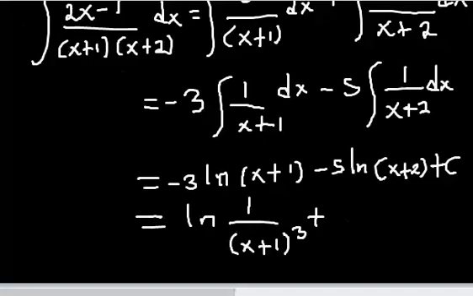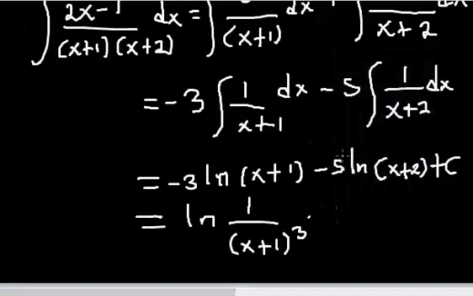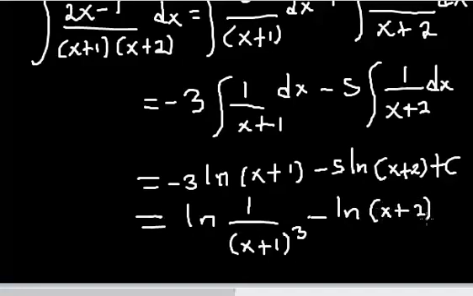Let me keep it as minus. This is going to be minus ln x plus 2 raised to the power of 5, then plus c.